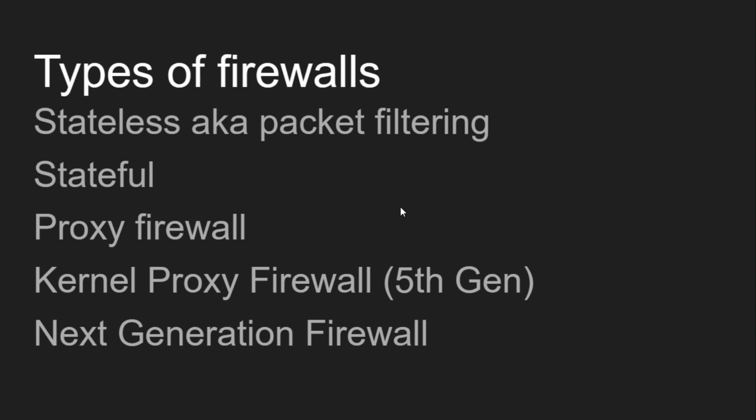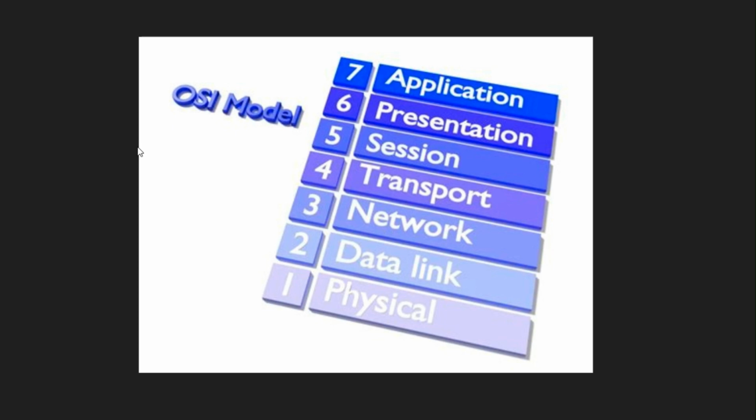Okay, so let's go ahead to types of firewalls. I kind of mentioned that already. As you guys can see, as the evolution of the firewalls continues, some firewalls can be considered a firewall with the IDS, and it also has an IPS. Because remember, we're dealing with different layers of the OSI model.